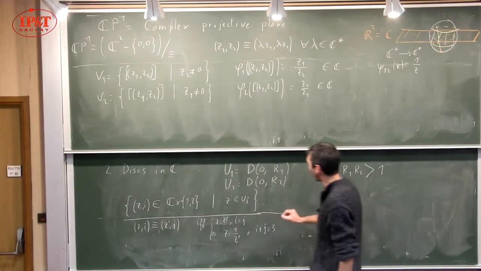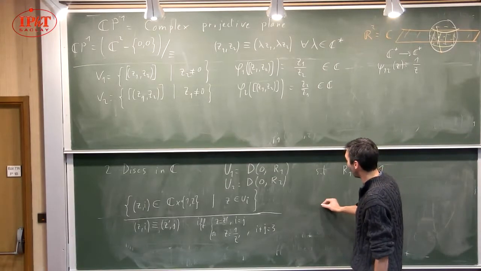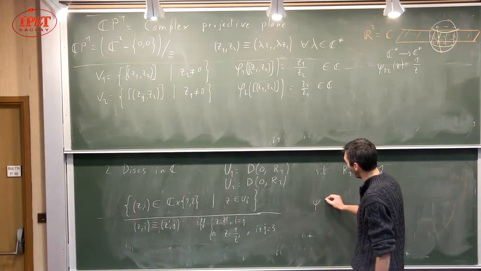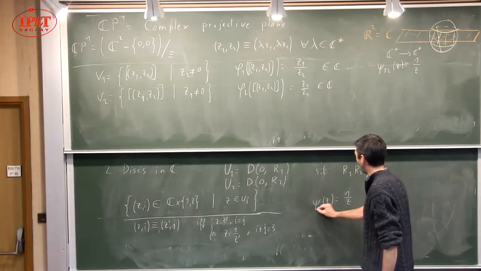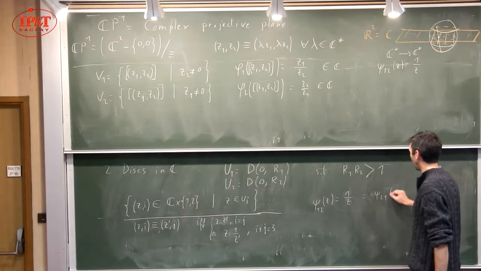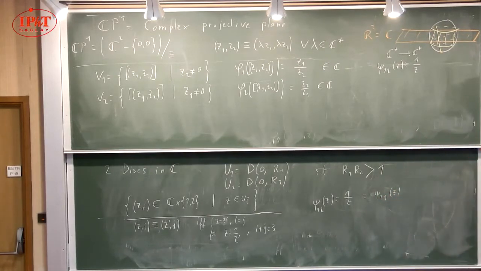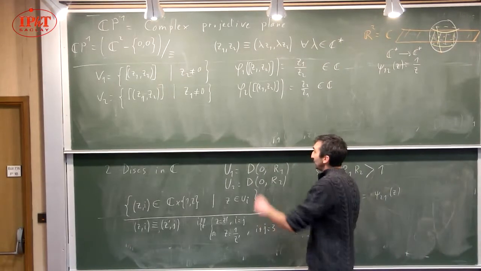This is an equivalence relation. And the transition map psi of Z, again, is 1 over Z.